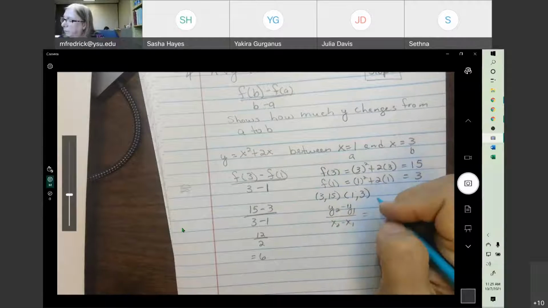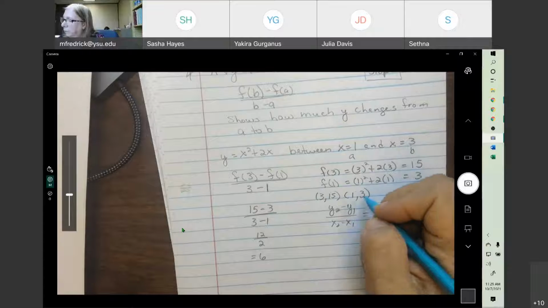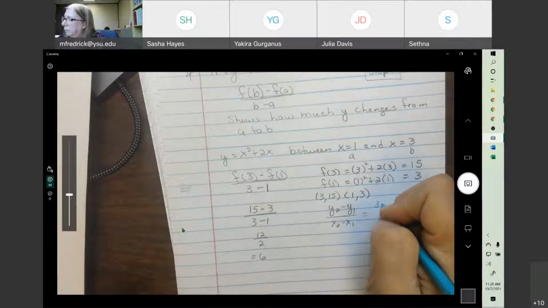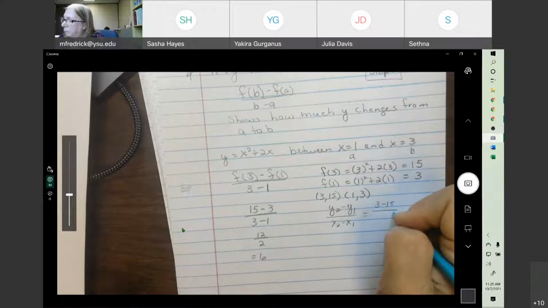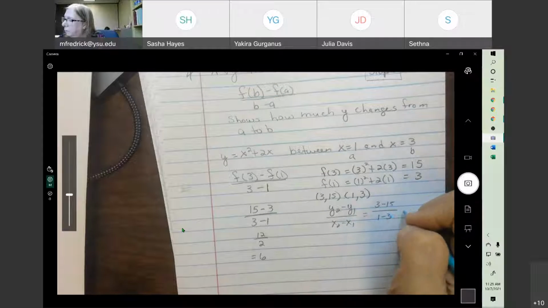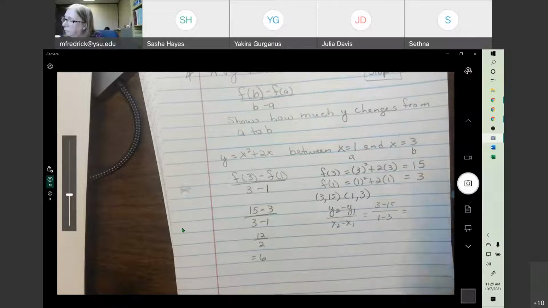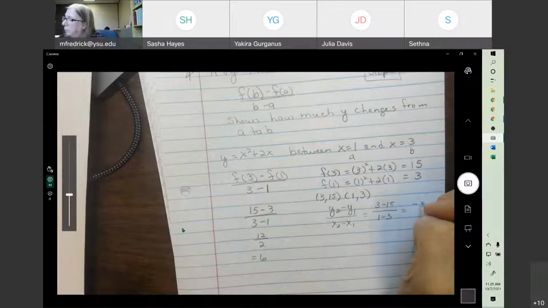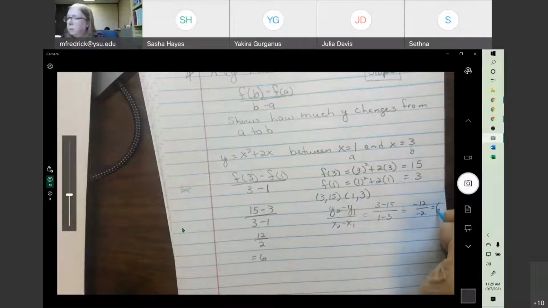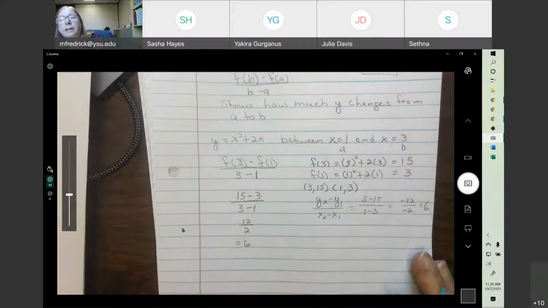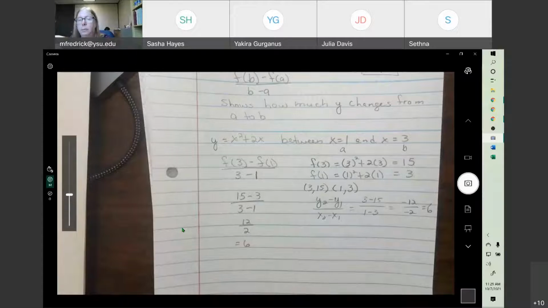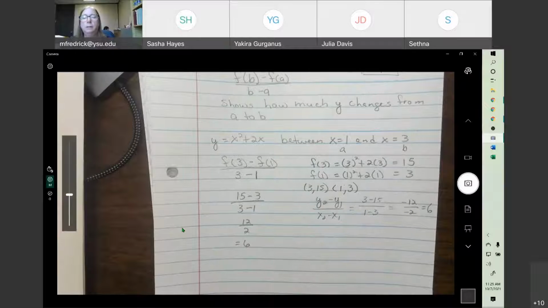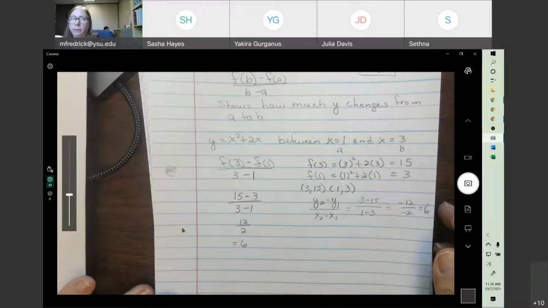Plug them in this way. But either way, you're getting the same answer. It's the slope. Any questions on that?